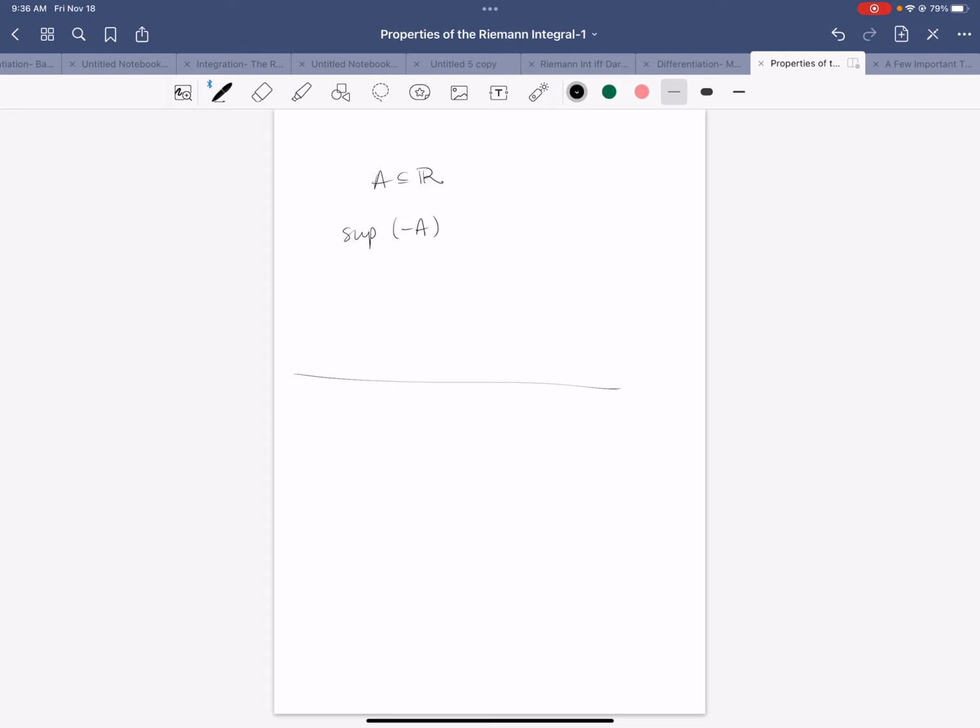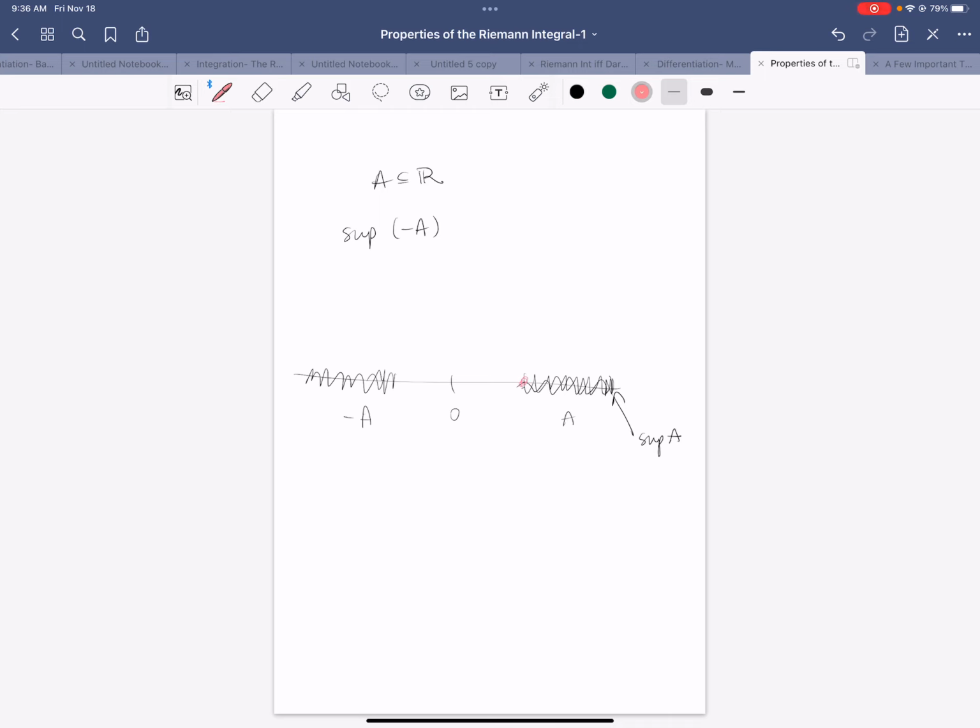let's see, okay, I always have to draw a picture. And the way I imagine it is, say here's A, right? And now here's the sup of A. And if I flip this over to look at minus A, it would be back here, right?